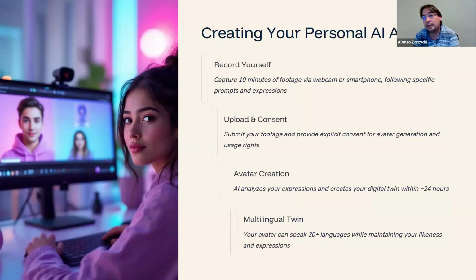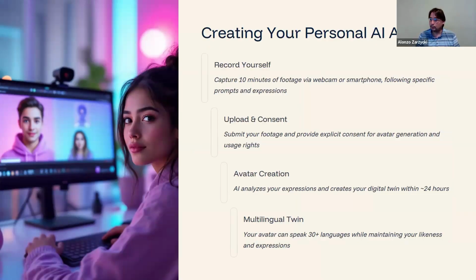For creating your own personal AI avatar, first you have to have a 10-minute video of yourself recorded with a webcam, smartphone, or any camera that you might have. You have to record that content first and then upload it.